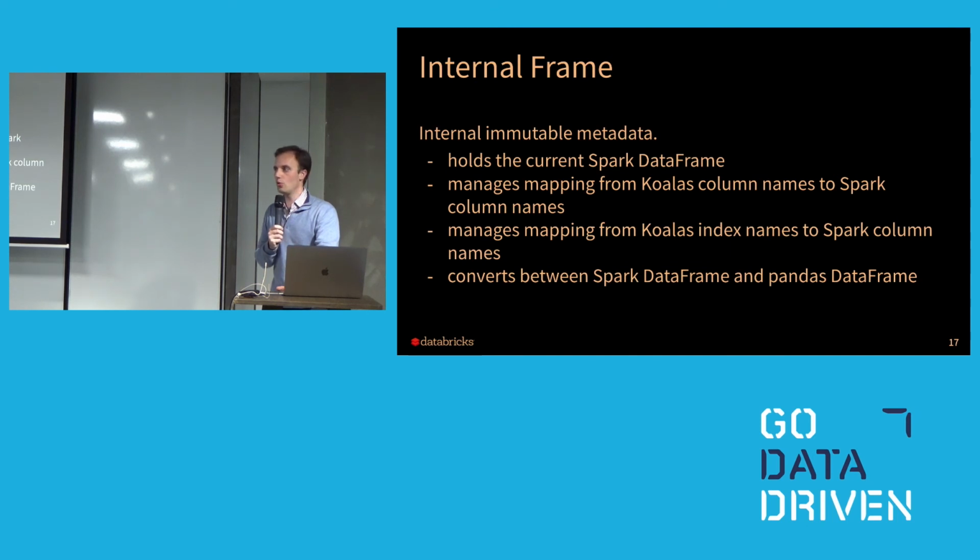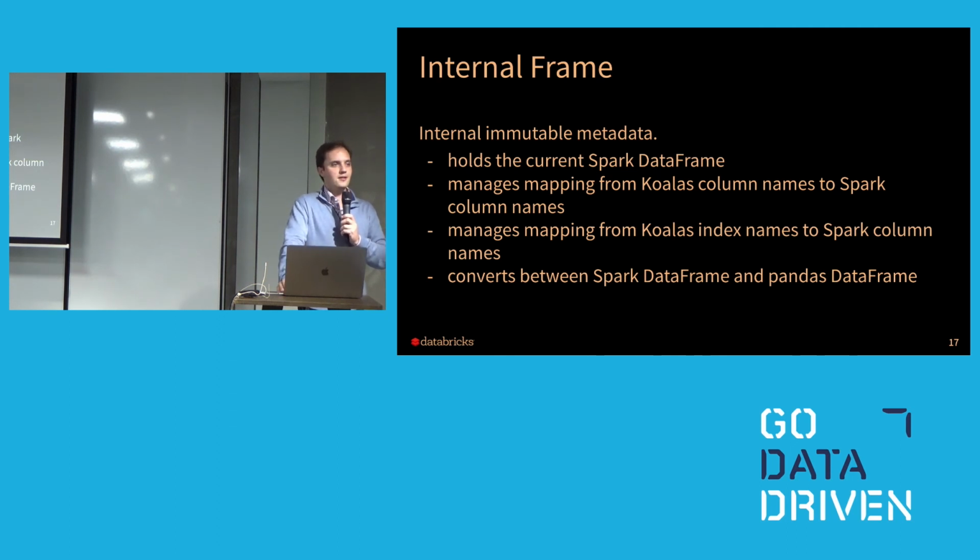So just to quickly explain how it works under the hood, I want to explain a little bit of the technical details, so that you know what to expect when you see some operations that seem to be slow and some operations that are much faster. The way we're able to replicate the Pandas data frame API is by having essentially two interfaces.